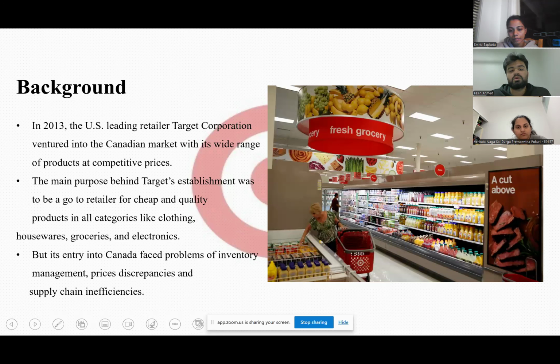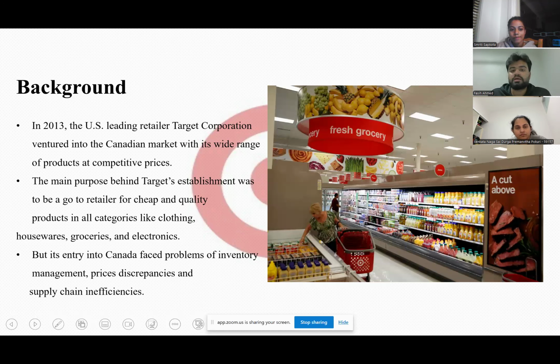When Target arrived in Canada, it opened 124 stores, which is a good number, to target both urban and suburban demographic areas. The strategic objective of the company was to capitalize on the Canadian underserved retail market with pre-existing players such as Walmart and Costco.